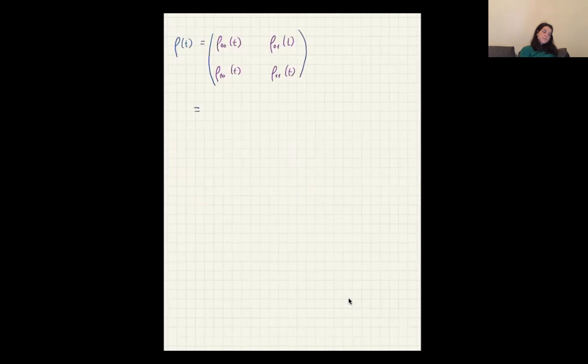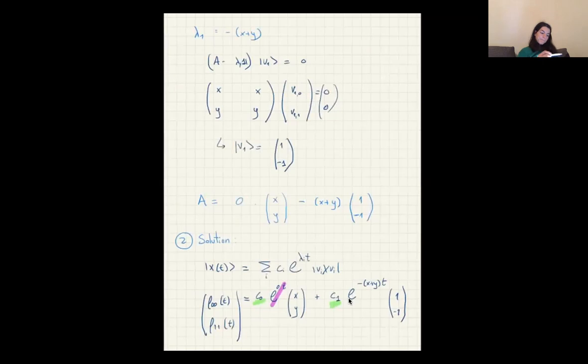This looks like what so far? Well, yeah, we have to solve this a bit more before we can do that. So let me just write what this is.